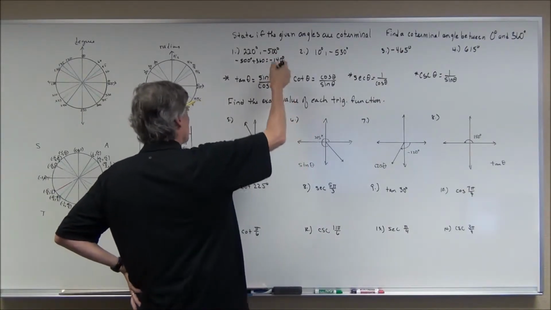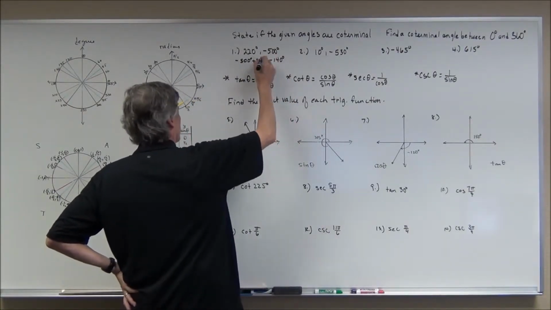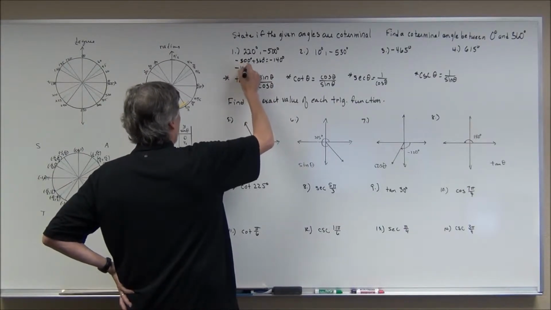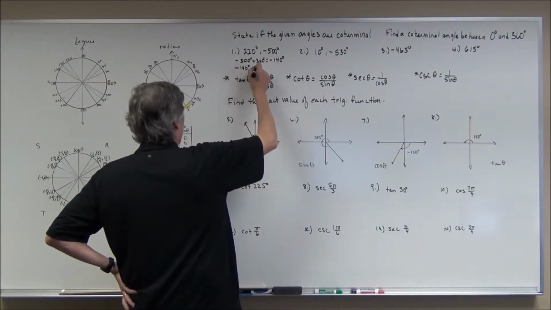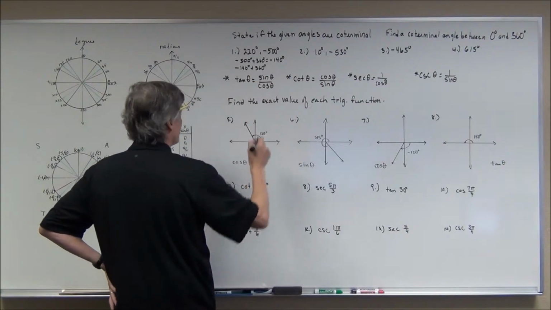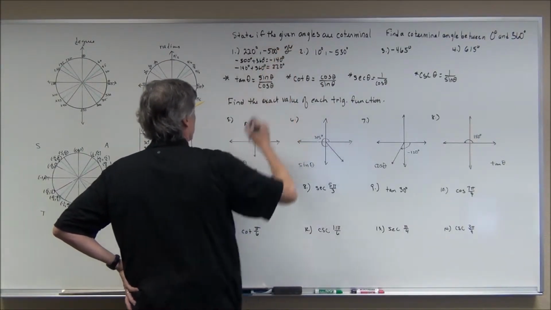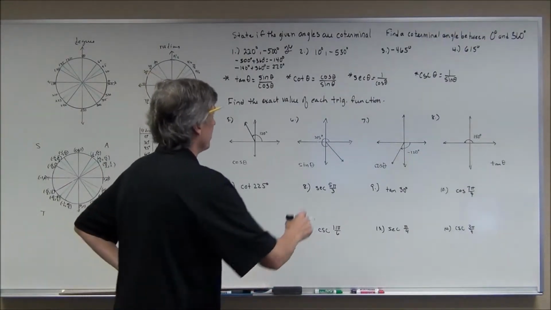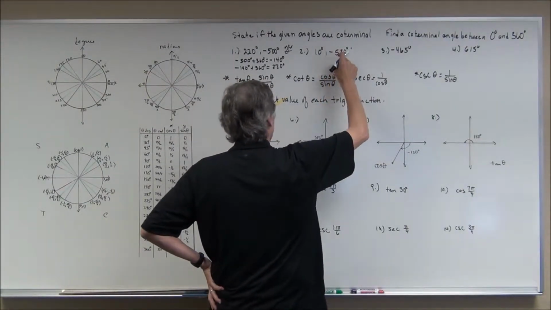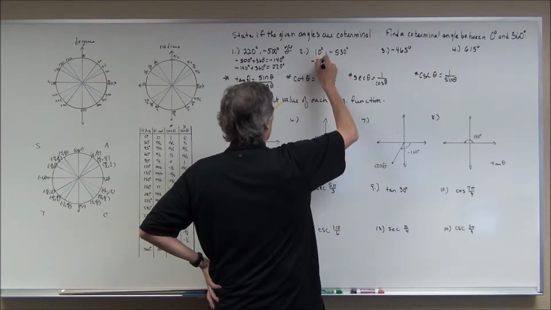Well, it's still too small, so I'm going to add another 360 degrees. Calculator comes in handy about now, because you're in a hurry. Adding 360, son of a gun, I get 220 degrees. So don't forget to answer yes. They are coterminal. Here I'll take the smaller one, the negative, and add 360.